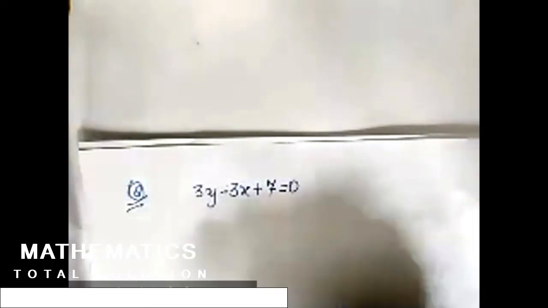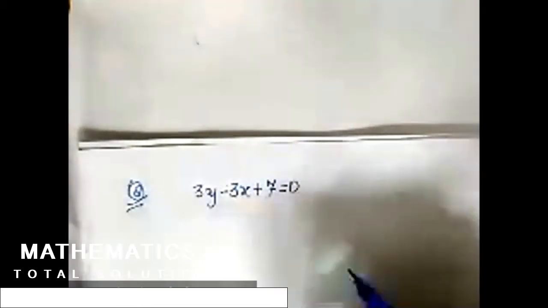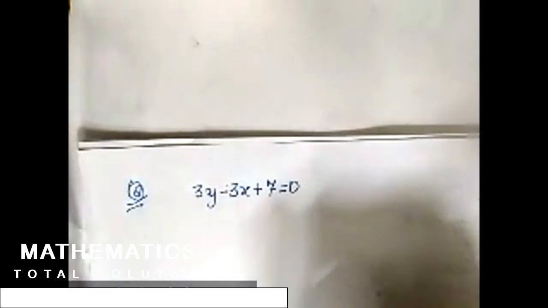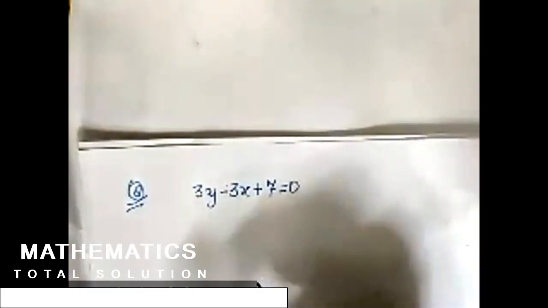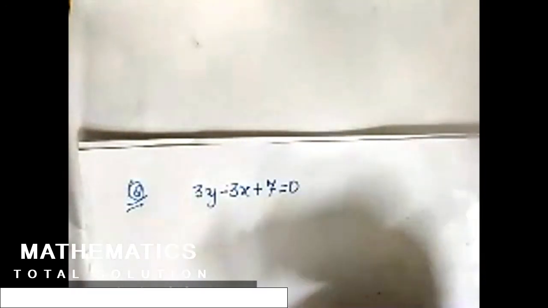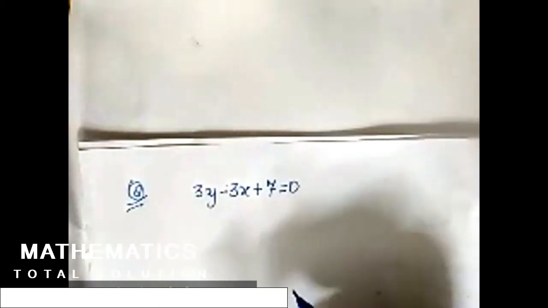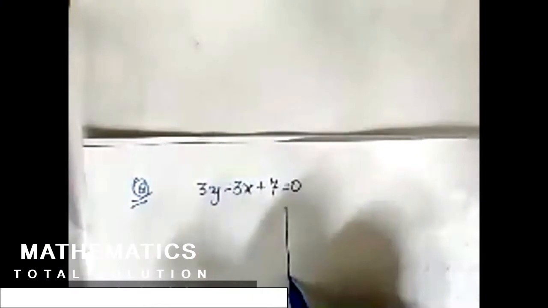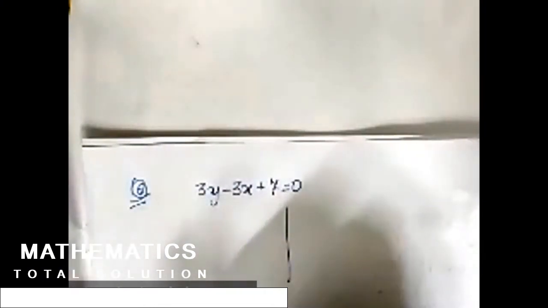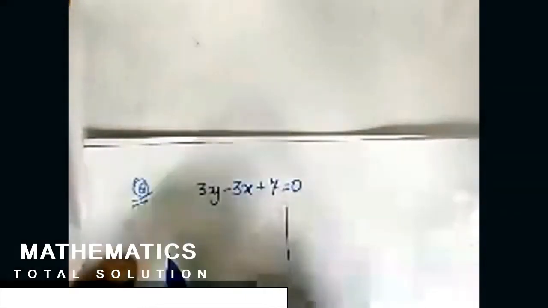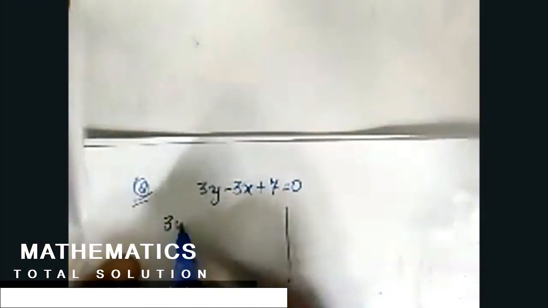Now for slope, you may convert it into slope intercept form, or you may use the formula, beta. I just gave you one formula: slope is minus coefficient of x upon coefficient of y. I'll show you both the methods. Let's see, beta. If we use the previous method to find the slope, we will convert it into slope intercept form.